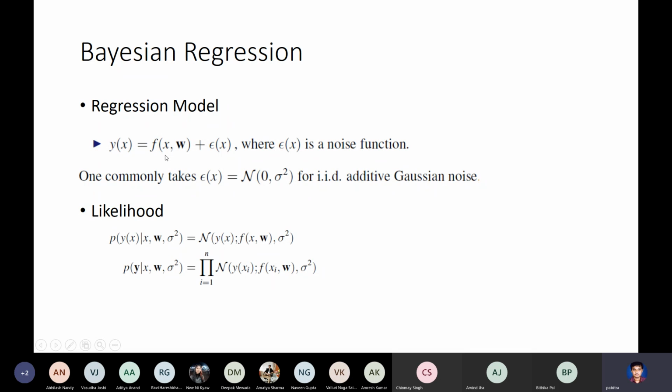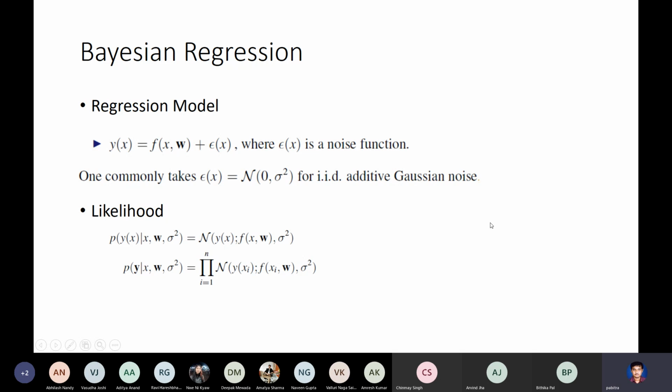Y is some function of x and w, maybe just a linear function, w times x, plus some noise epsilon. Usually, this noise is considered to be a Gaussian with 0 mean, a white noise, and a small sigma square variance depending on the amount of noise.